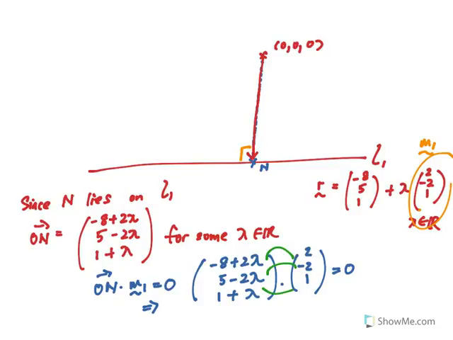So I have negative 16 plus 4 lambda, negative 10 plus 4 lambda, plus 1 plus lambda, equals 0.